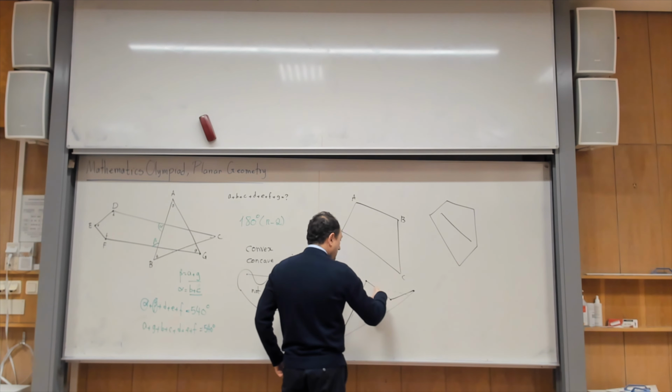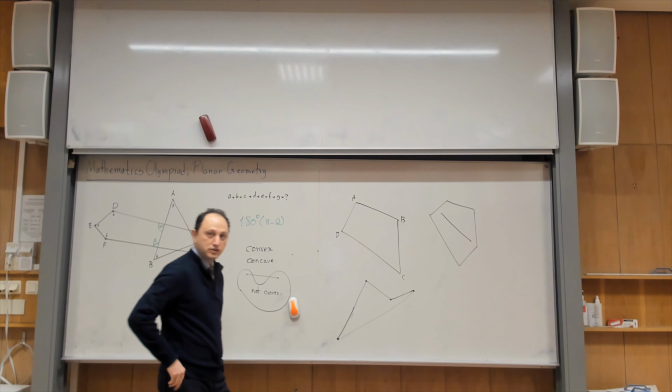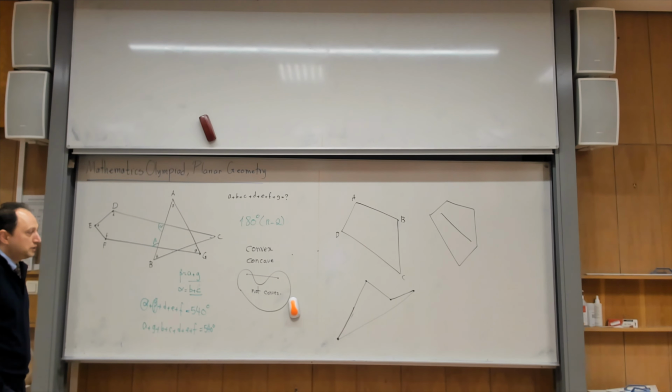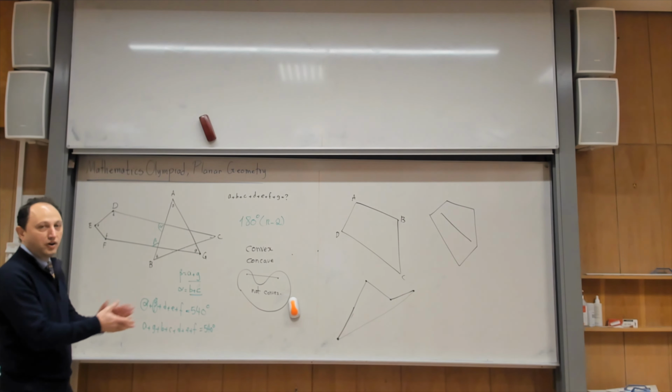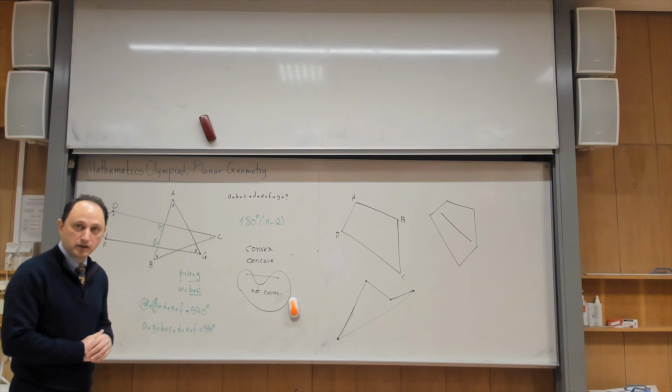And by the way, the notion of interior and exterior is not a simple matter now, yes? Here intuitively we understand which part is the interior and which part is the exterior, yes?